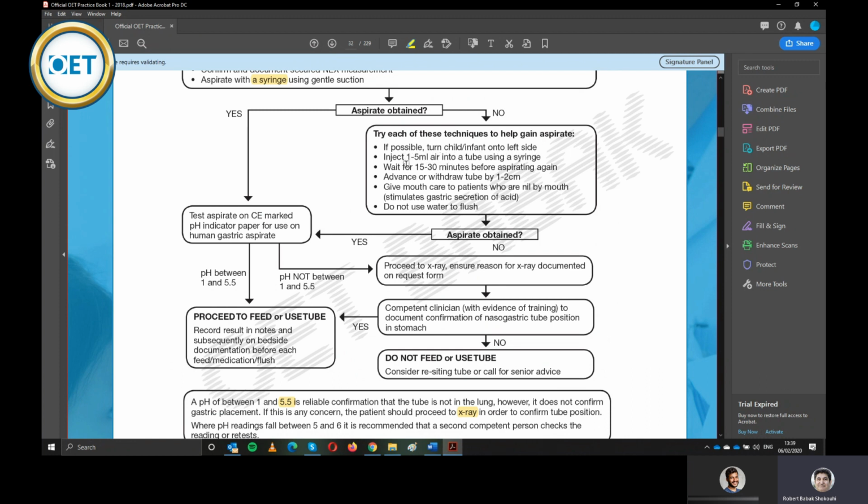Turn the child onto the left side, inject 1 to 5 milliliters of air, wait for 15 to 30 minutes before aspirating again. So that's 15 to 30 minutes is the answer to that question. And then, if not working again, advance or withdraw the tube by 1 to 2 centimeters.